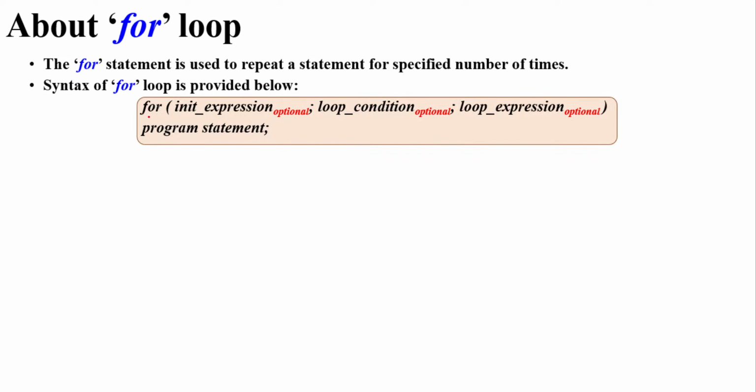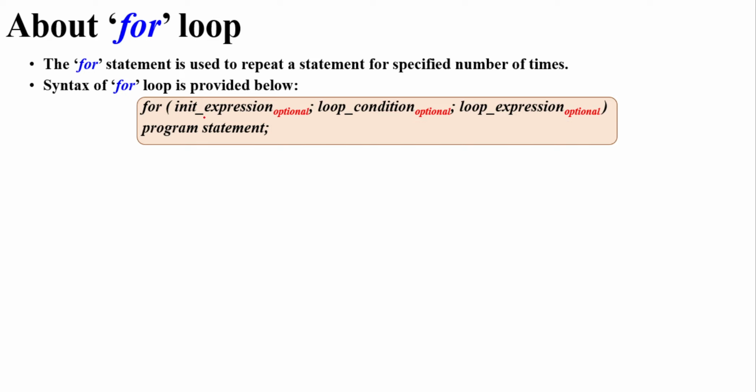So here is the syntax for the for loop. A for loop can be written in this way: for, then you have the bracket here. In the bracket, there are three statements. You have to keep in mind, statements 1, 2, 3 are separated by a semicolon.